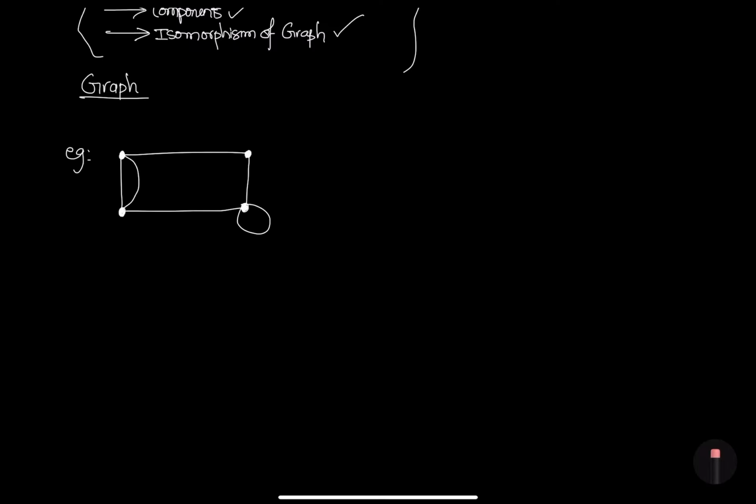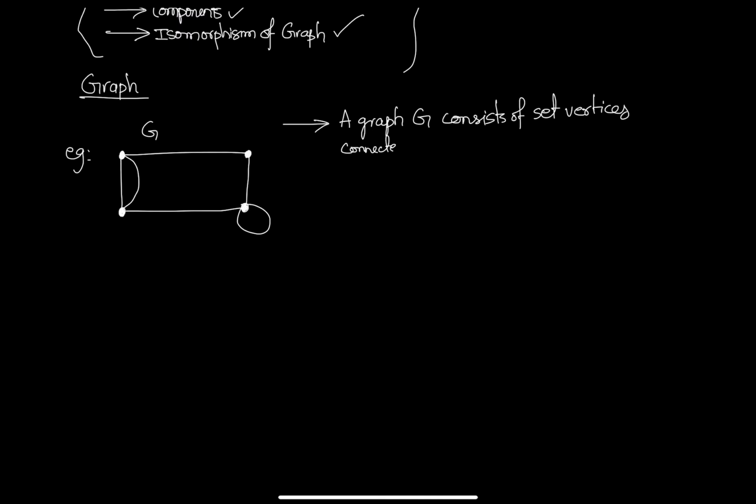Why? So basically, let's call this graph G. Basically this graph G consists of a set of vertices connected by a set of edges.